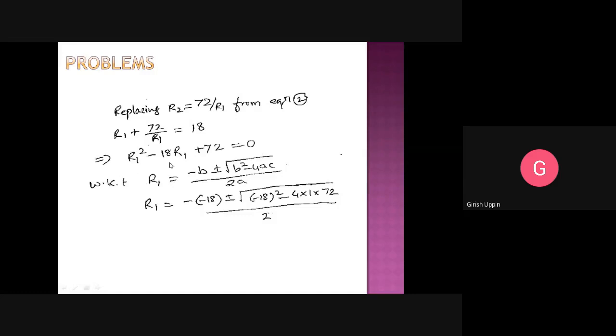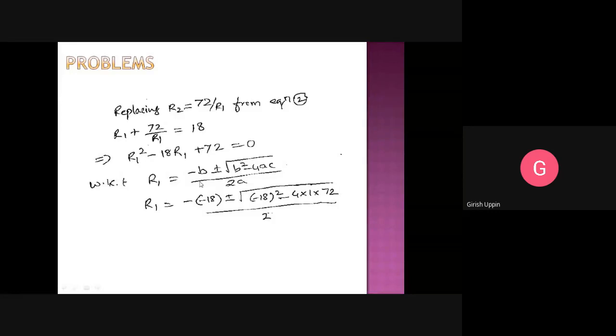Then how to solve the quadratic equation? R1 is equal to minus b plus or minus square root of b square minus 4ac divided by 2a. This quadratic equation is of the form ax square plus bx plus c is equal to 0. Therefore a is equal to 1, b is equal to minus 18, c is equal to 72.